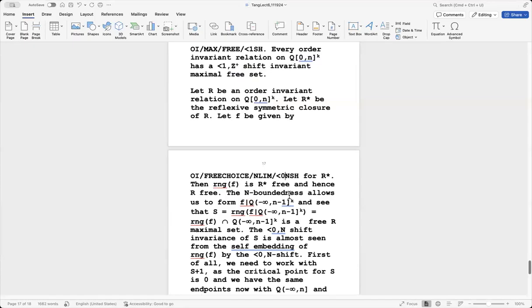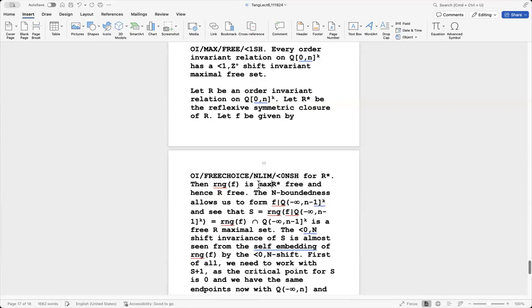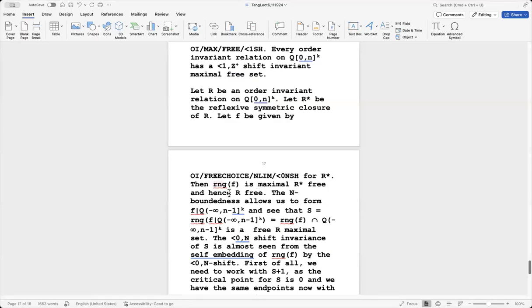Then the ranges are star free, right? Because we made R reflexive and symmetric, we can do this, and hence are free. In fact, the range is maximal R free. And hence maximal.